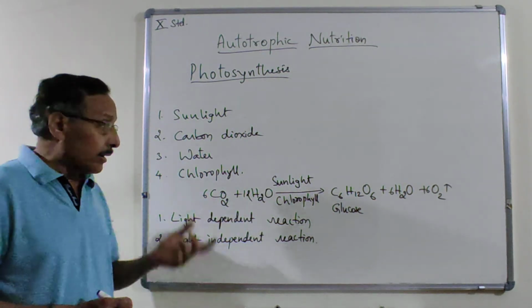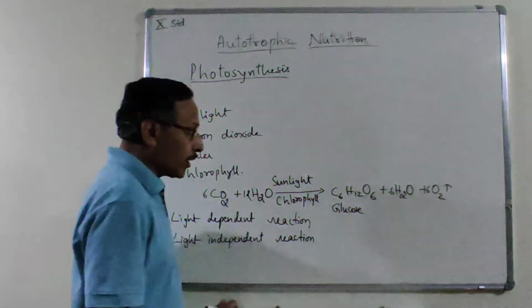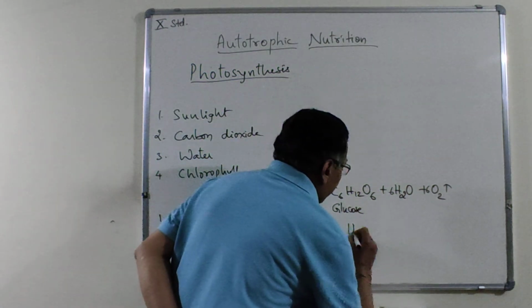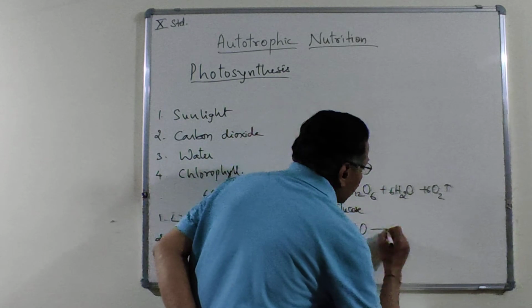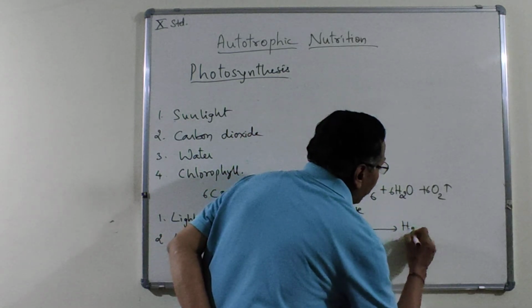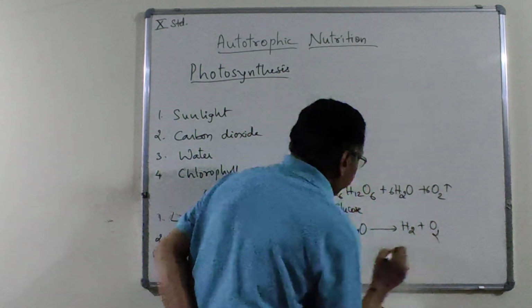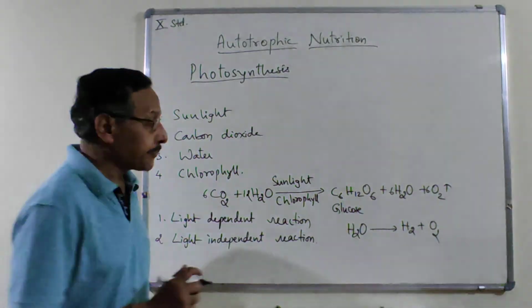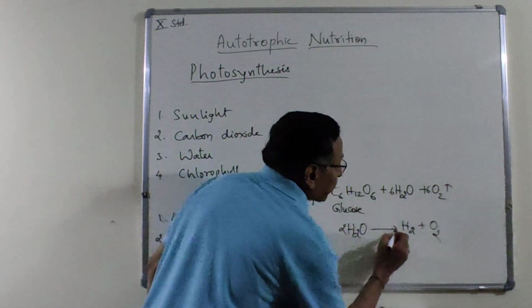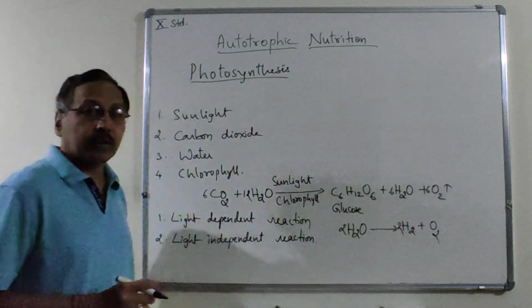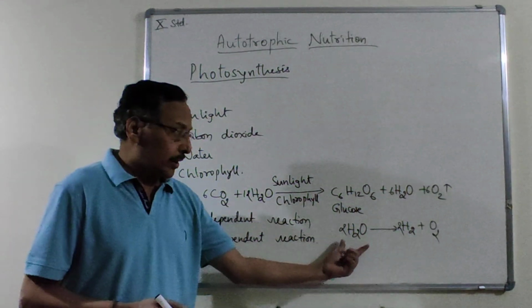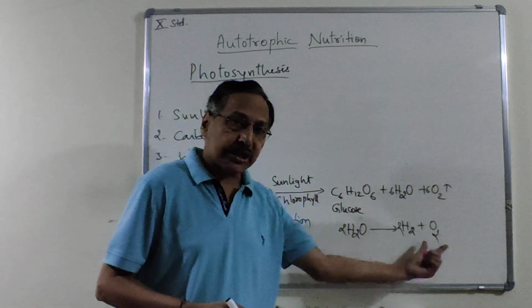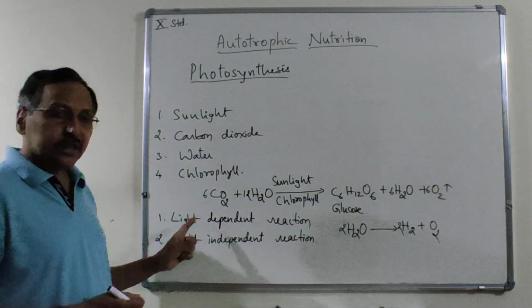Light is very important for the breaking up of water into hydrogen and oxygen. The splitting up of water into hydrogen and oxygen takes place in the presence of light.